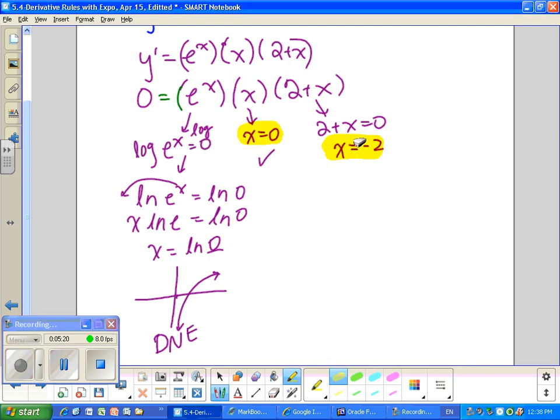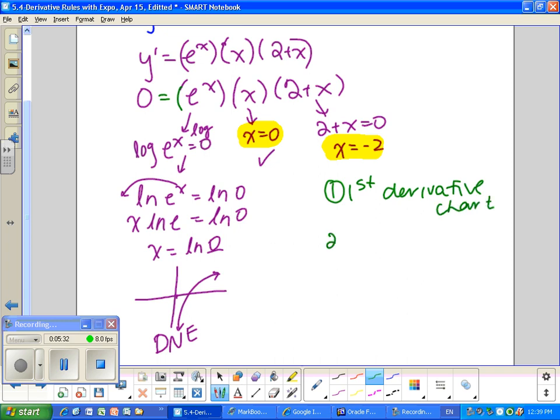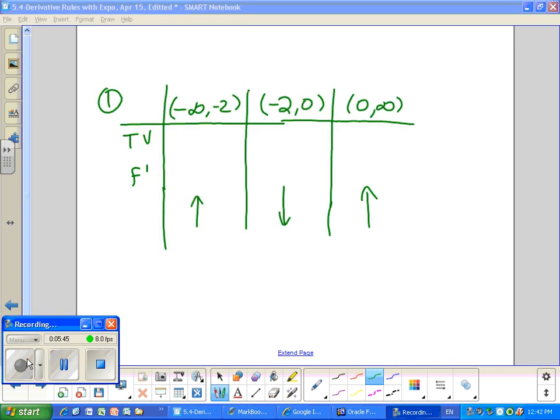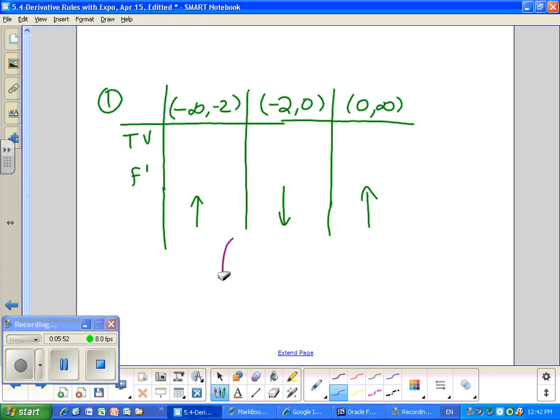So with these values here, your options are your first derivative chart or your second derivative test. And each of these will tell you whether there's a max or a min. So go ahead and try that. So if this was our chart that we came up with from doing our test values, subbing into f prime, if we went from increasing to decreasing, we are at a maximum.